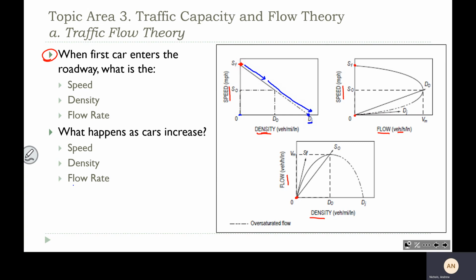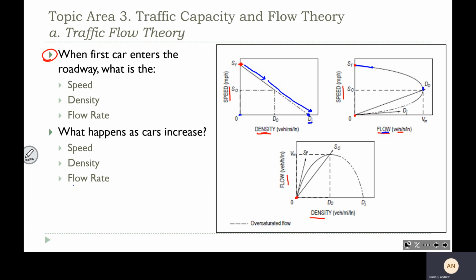Similarly, the same thing is happening over here. As the density increases and speed decreases, we're getting more and more vehicles on the road, so the flow keeps increasing until it reaches its max.